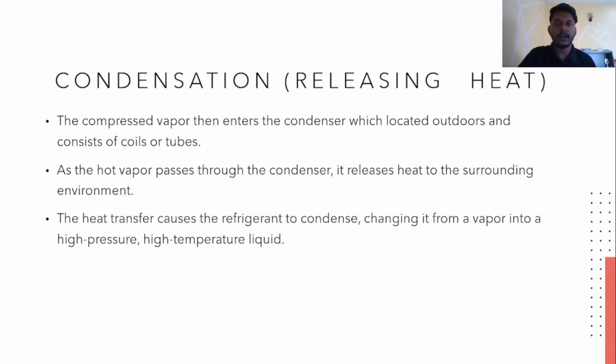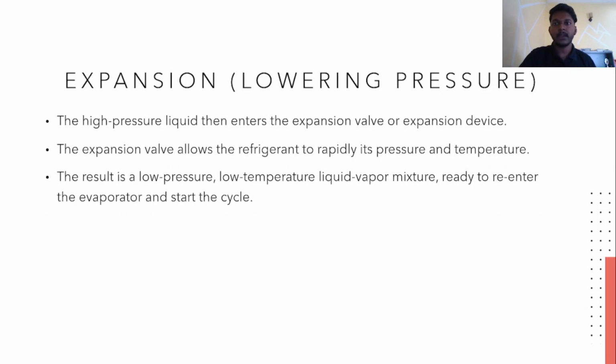Next is condensation, which is releasing heat. The compressed vapor then enters the condenser, which is located outdoors and consists of coils and tubes. As the hot vapor passes through the condenser, it releases heat to the surrounding environment. The heat transfer causes the refrigerant to condense, changing from a vapor into a high pressure, high temperature liquid.